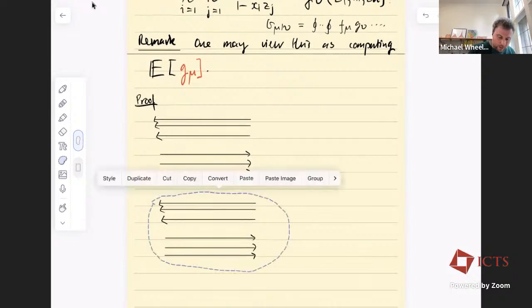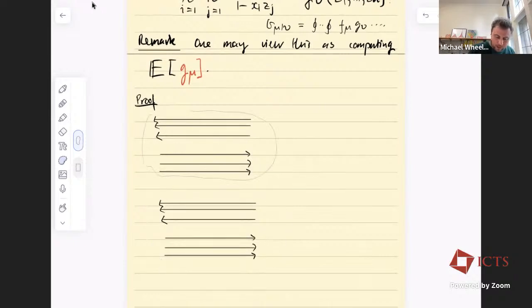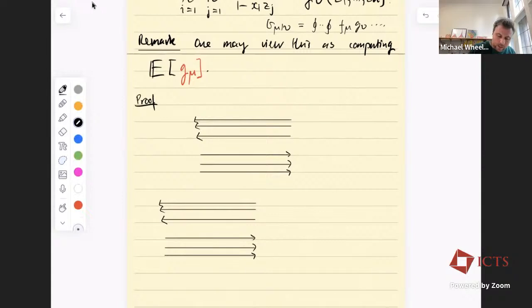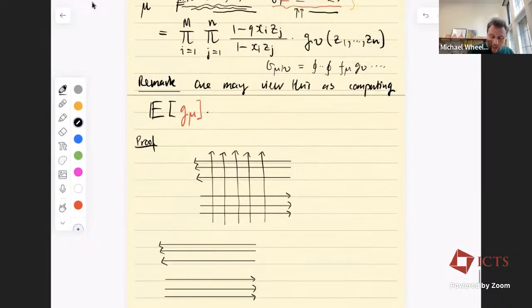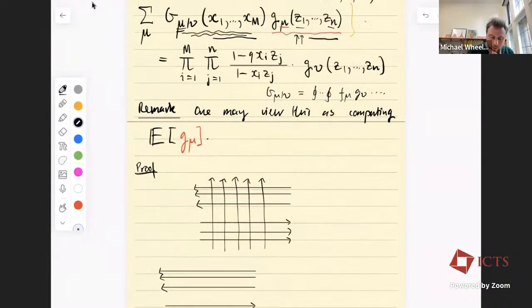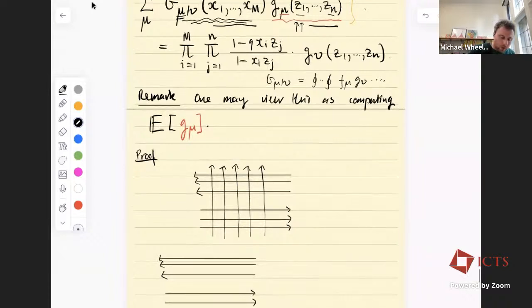All right, so in the first step, let's try to set up our lattice so that it's actually computing that left-hand side. Okay, so at the bottom of the lattice, I essentially want that thing to compute for me the capital G. So I will make the choice, this is x1 up to xm here.